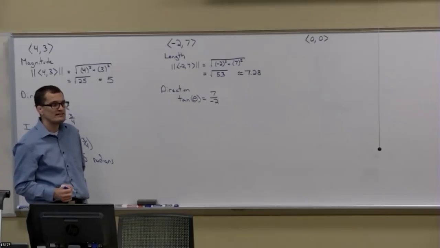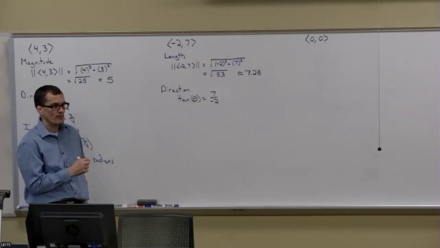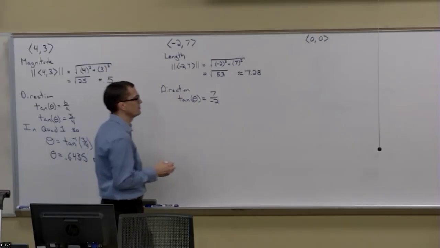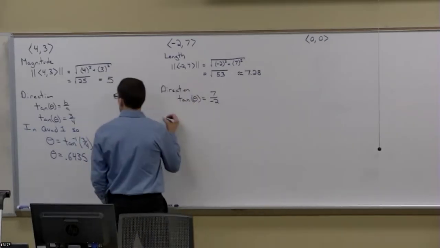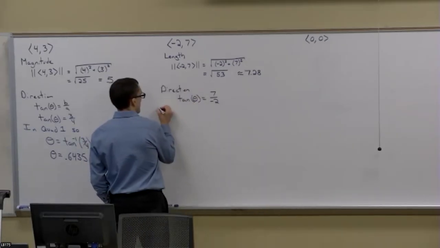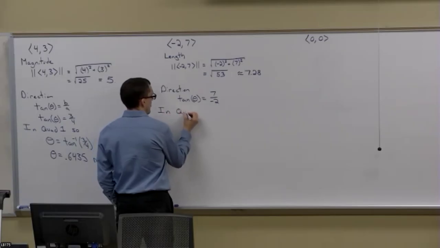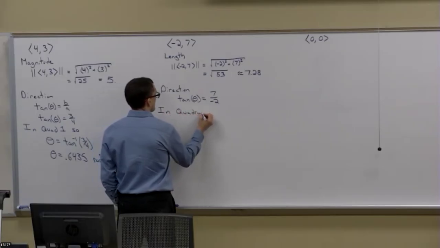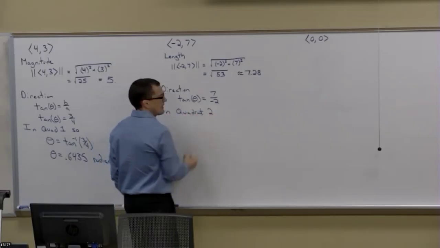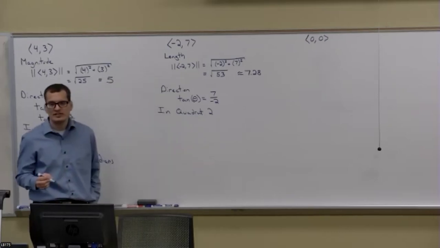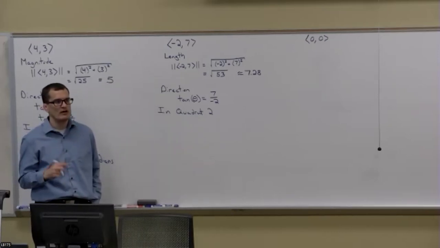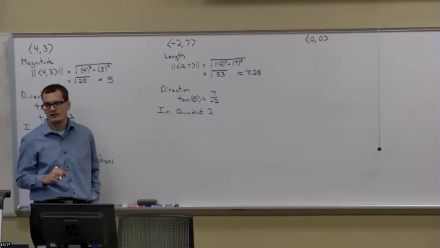But on this one, it's in quadrant 2. This vector, -2, 7, is in quadrant 2. And my tangent inverse is only going to give me things in quadrant 4 or quadrant 1.